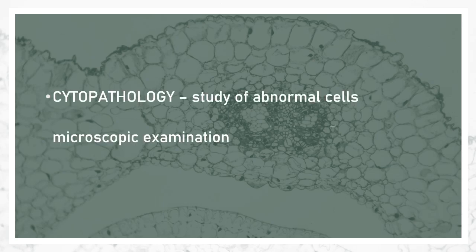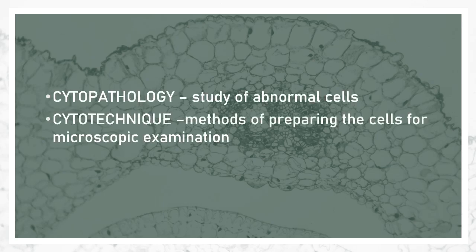So let's take a look at cytopathology and cytotechnique. Cytopathology is the study of abnormal cells. Still, for cytopathology, there is a clinical correlation. Cytotechnique is the method, or cytotechniques if you want, of preparing the cells for microscopic exam.